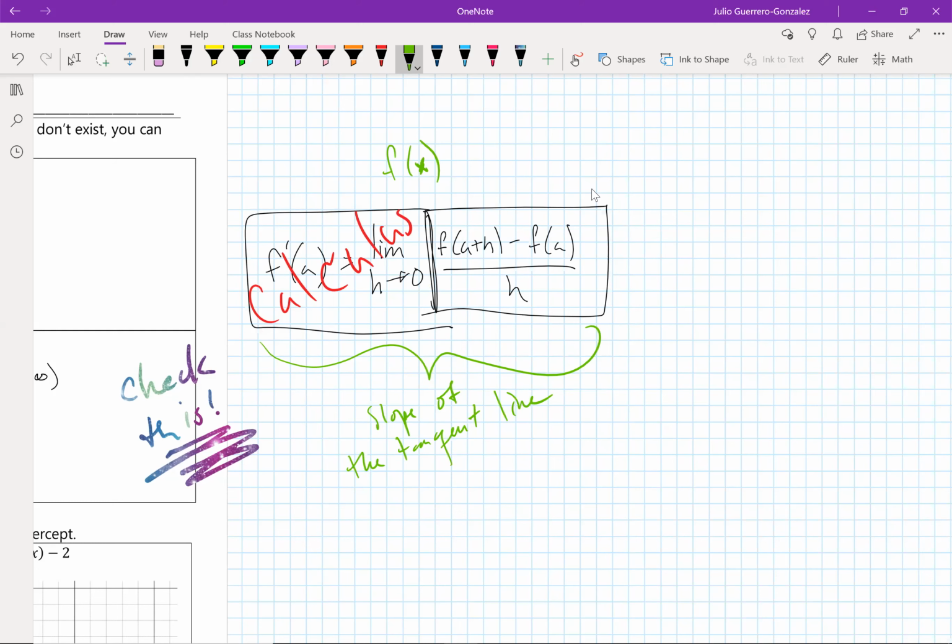This whole big, huge equation is the slope of that tangent line, whatever it is. And I only made you figure out how this thing worked, which is the first big part.